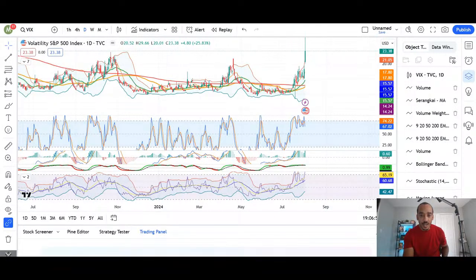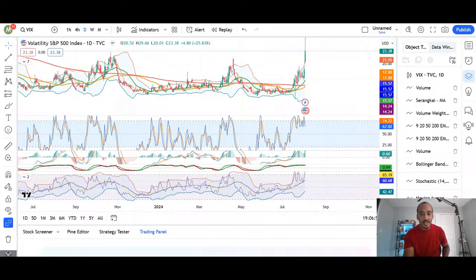Another thing that says we're due for a reversal in the volatility index is the stochastic oscillator. When these lines cross each other, that means it's changing direction, right? If you look over here, this blue line crossed down below the orange line, showing that we made a change in direction.